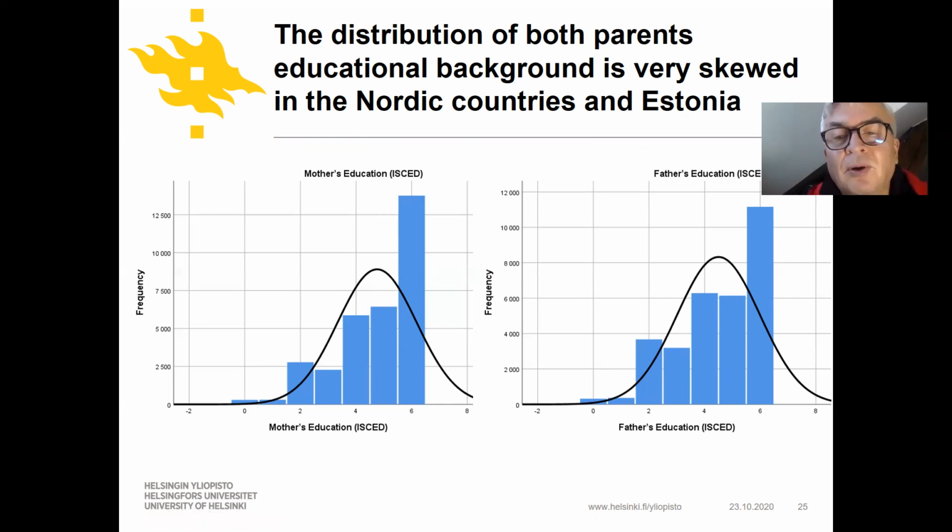So it's a more or less ordinal scale, and you don't actually need to know too much more about that. If you are interested in how the ISCED is measured, if you look for OECD and ISCED, then they explain it very thoroughly indeed.